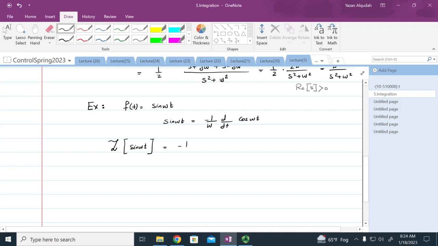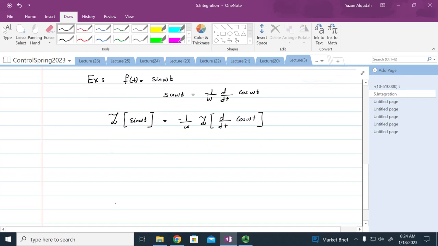It is going to equal negative 1 over omega, the Laplace of d by dt of the cosine of omega t. And this is going to equal negative 1 over omega. What is the property that we're going to use to calculate this Laplace?